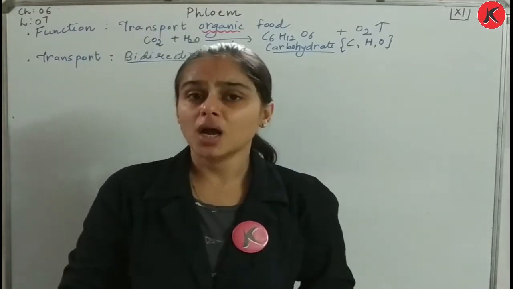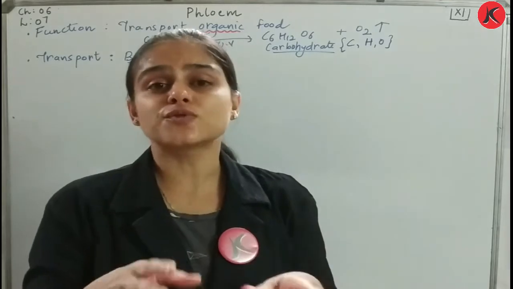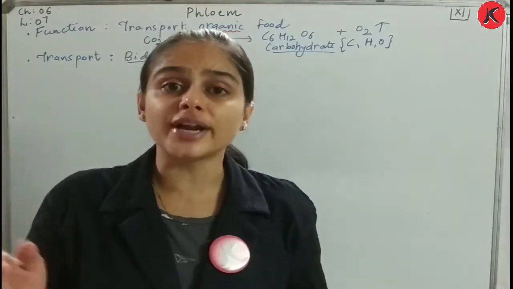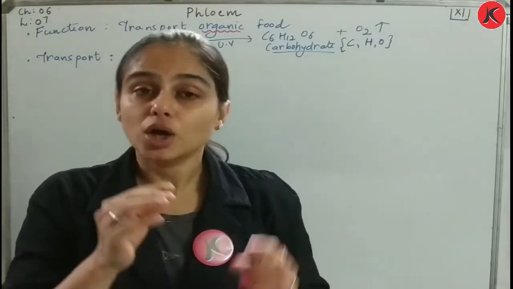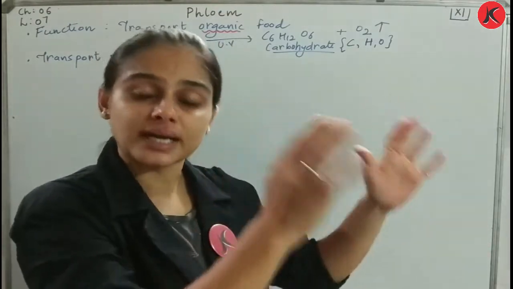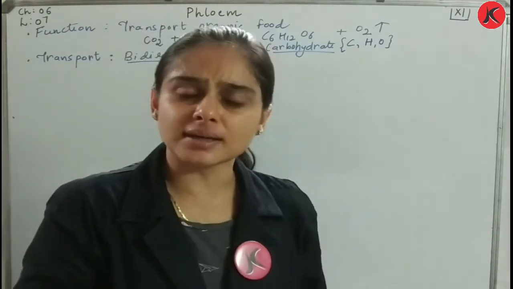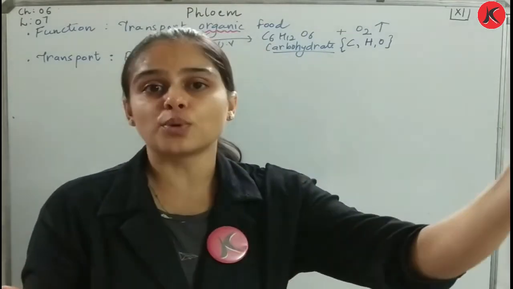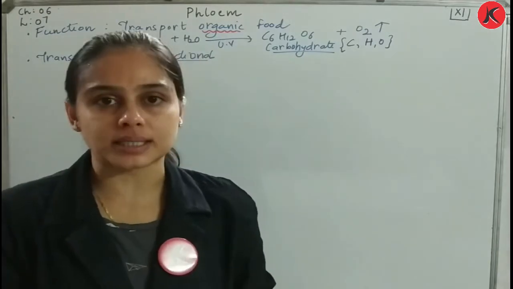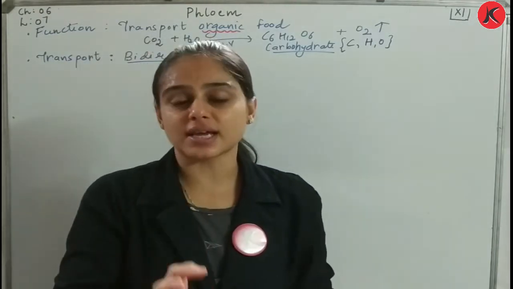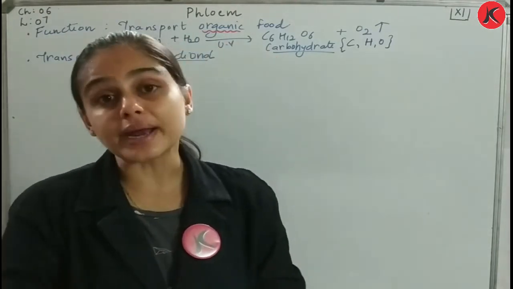This food, dear students, comes from the food which is stored in roots. Which is stored in roots. Am I clear? So during certain conditions, during certain season, root transports food to young leaves of plant. Am I clear? So I can say transport is bidirectional.